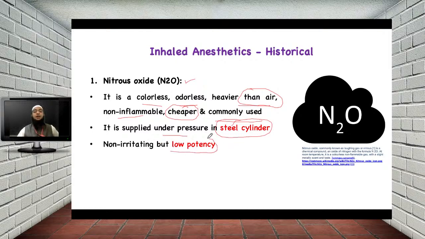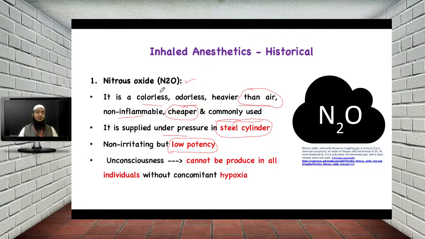Low potency means it doesn't produce anesthesia at a low dose. It means you need to give a high dose of nitrous oxide in order to produce surgical grade anesthesia. Based on these properties you can decide how to use this anesthetic agent.